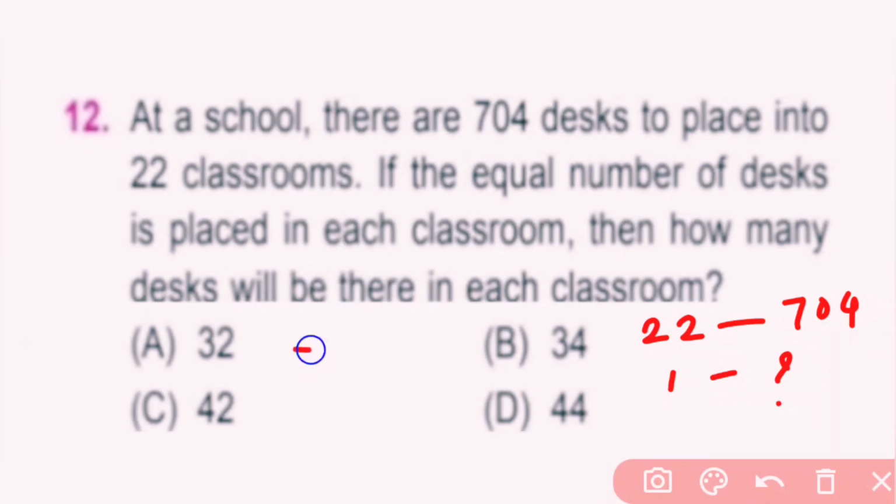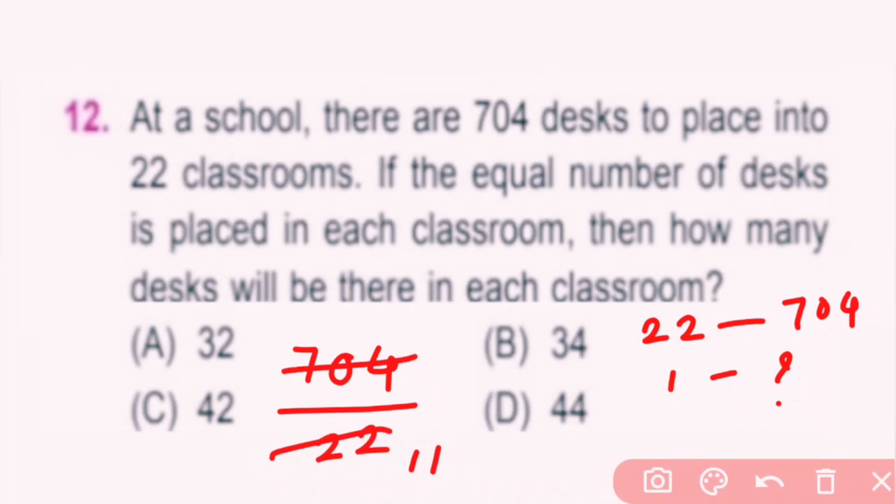So here we need to divide 704 by 22. So here 2 ones are 2, 2 ones are 2, 2 threes are 6, 1 remaining, 2 fives are 10, 2 twos are 4. 11 ones are 11, 11 threes are 33, 2 remaining, 11 twos are 22. So here A is the correct answer.